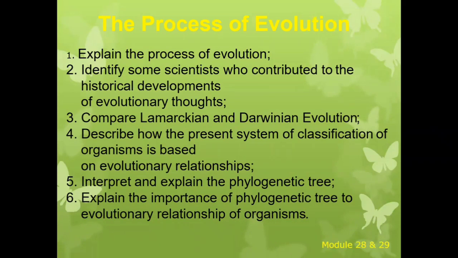Our learning target here is to explain the process of evolution, identify some scientists who contributed to the historical development of evolution or evolutionary thoughts, compare Lamarckian and Darwinian evolution, and describe how the present system of classification of organisms is based on evolutionary relationships, and then interpret and explain phylogenetic tree, and explain the importance of phylogenetic tree to evolutionary relationships of organism.